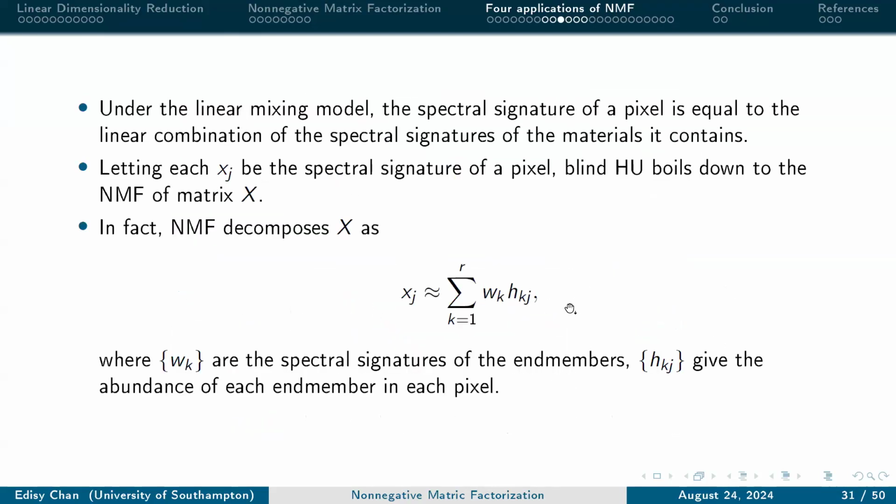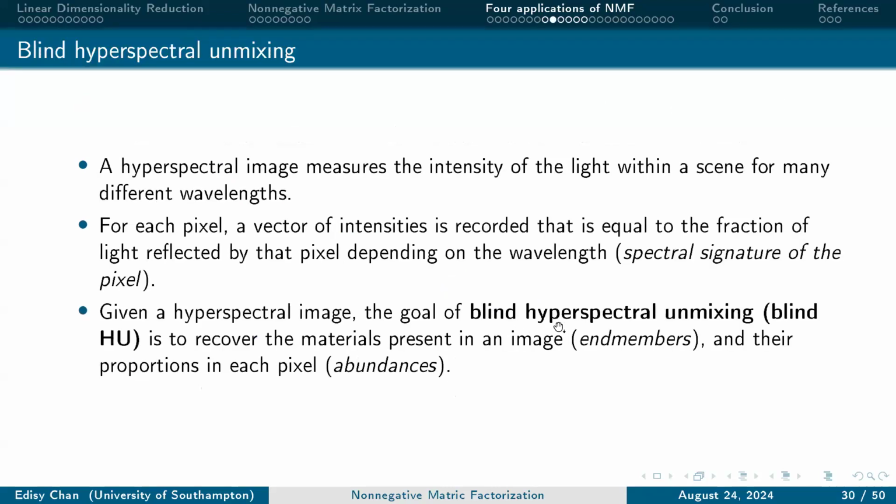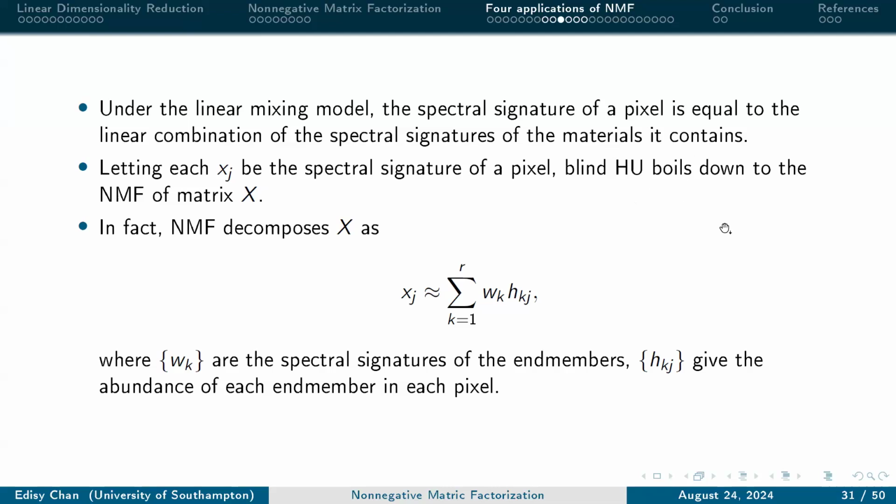In this sense, we can let xj be the spectral signature of a pixel. Now we can see that our blind HU, our blind hyperspectral unmixing problem, boils down to an NMF problem of that matrix X, which consists of those xj as the columns.